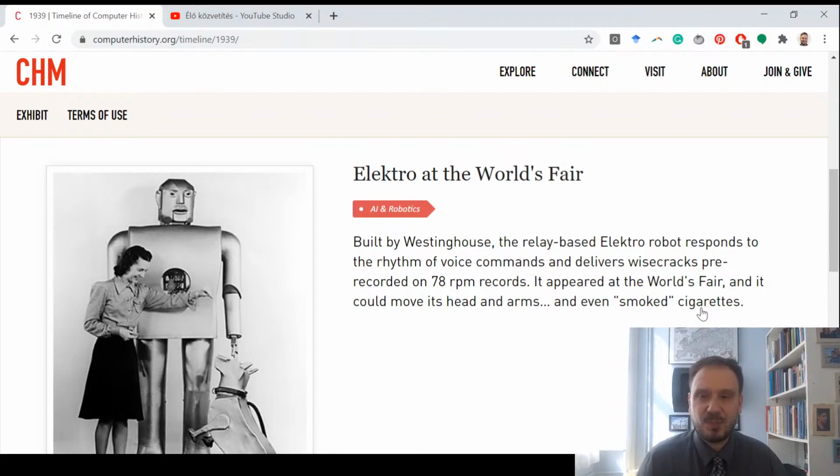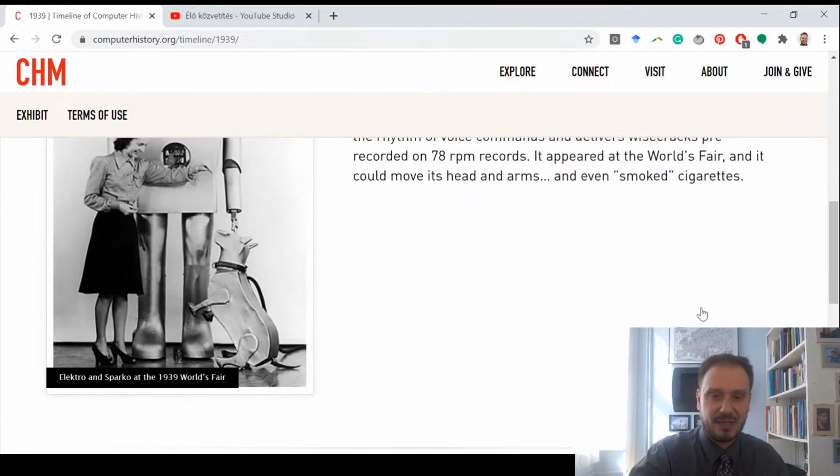He responded to the rhythm of voice commands and delivered wisecracks pre-recorded on record. So basically he couldn't do anything, it didn't have any real sensors, but still it looked as if he was able to communicate, and it could move its head and arms. So the general idea was somehow to imitate a living person.